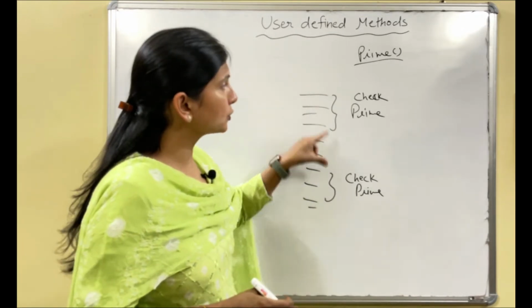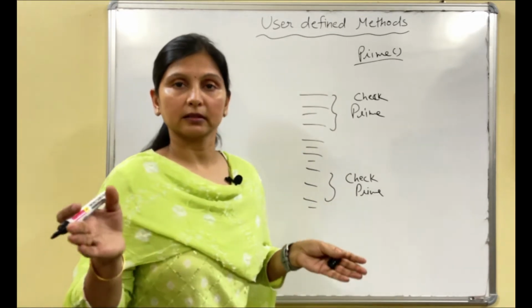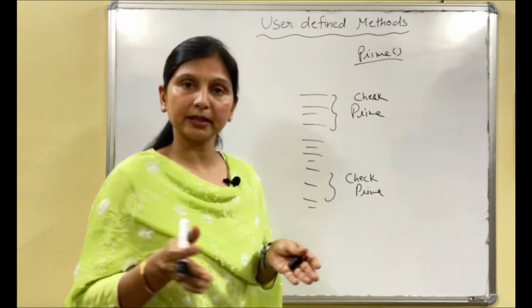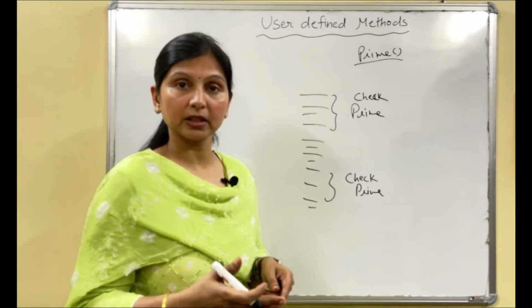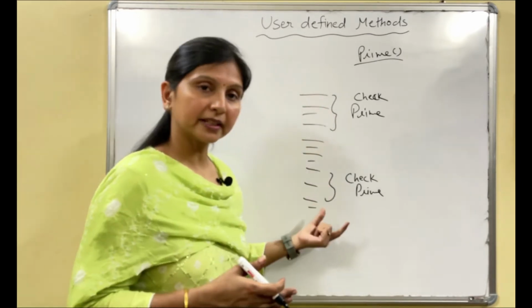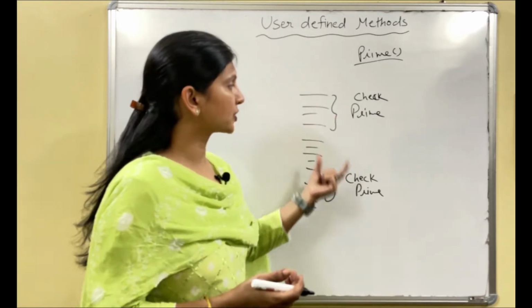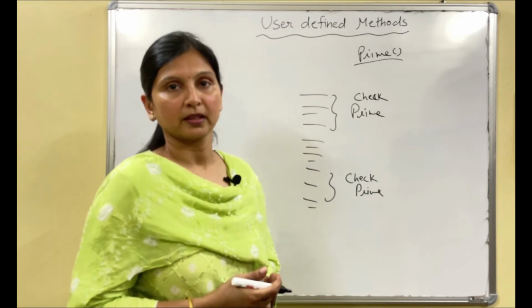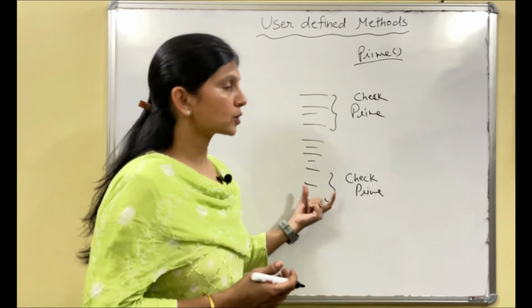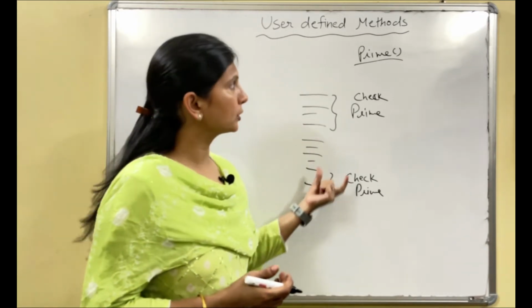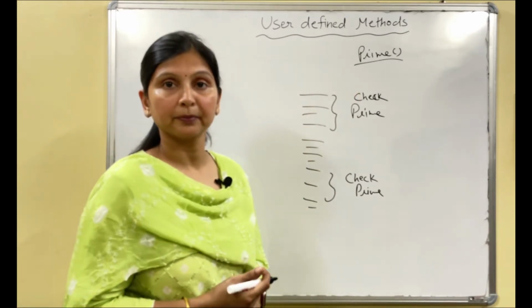So if you use this, what will happen? The length of the program will be reduced, complexity will be decreased, readability will be more, and repetition will obviously be reduced. So these are a few advantages of methods. I hope you have understood the need of methods.